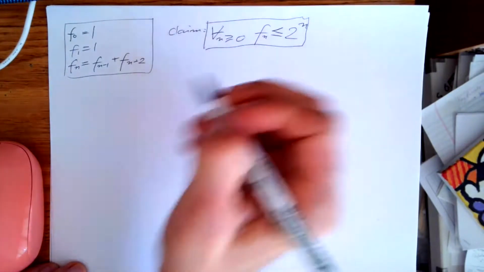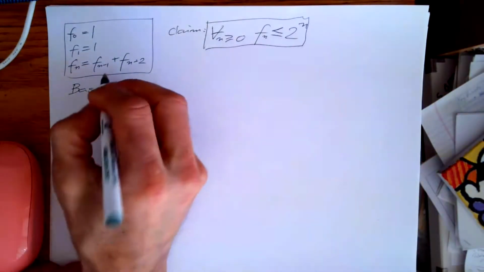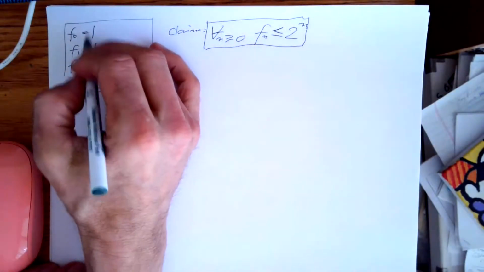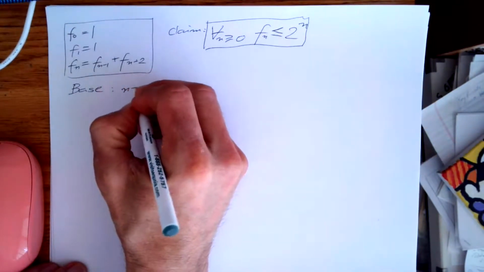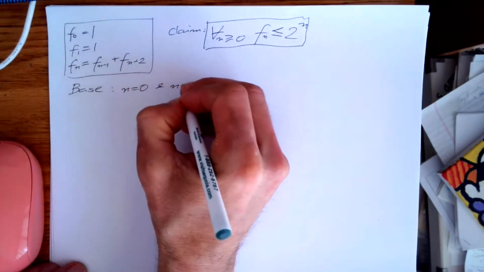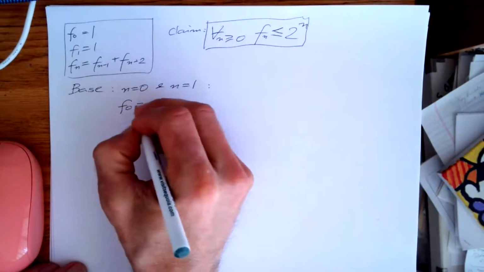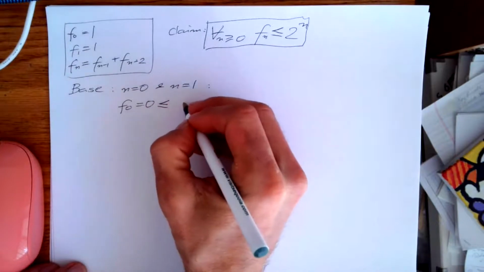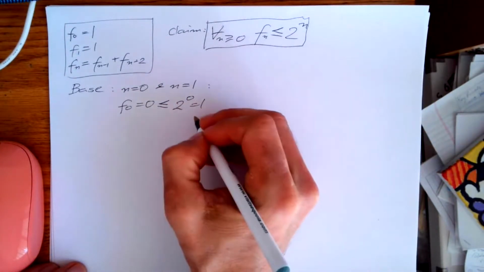Okay, let's prove this for base cases. Base cases would be n equals 0 and n equals 1. F0 is 0, and this is indeed upper bounded by 2 to the 0, which is 1.